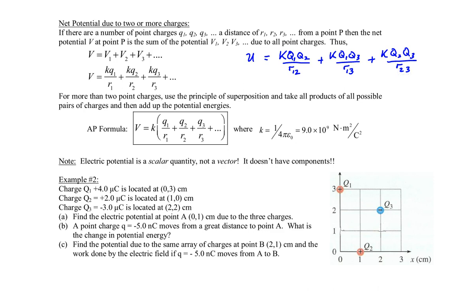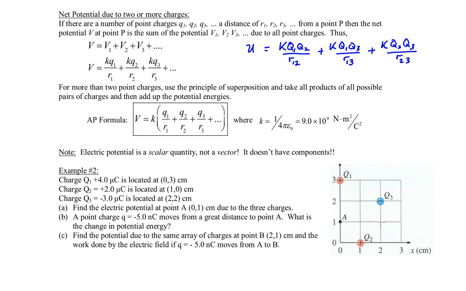So when you have to calculate the potential energy of a system with more than two charged particles, like this picture here, you need to calculate the potential energy for every pair of charges, and then add all the terms algebraically.